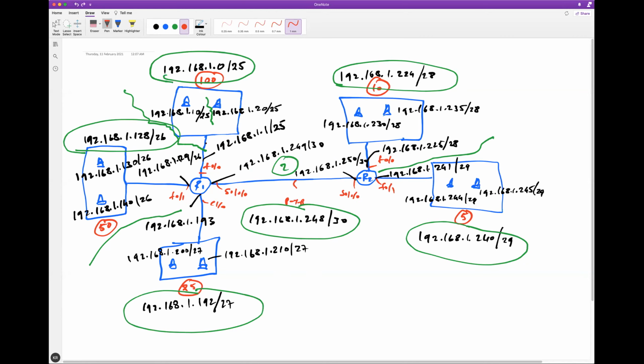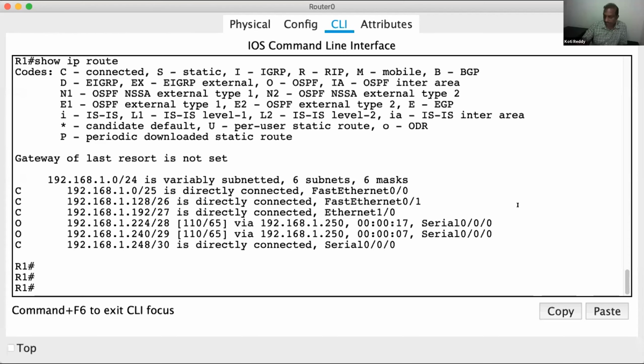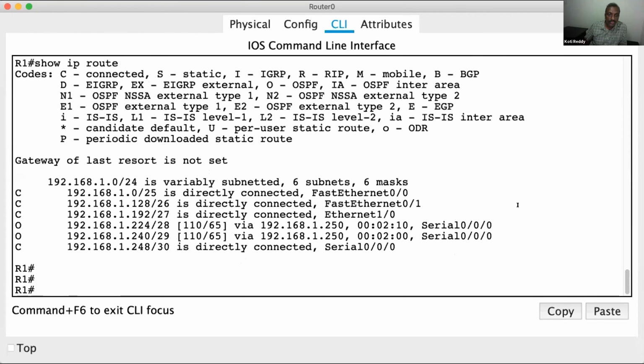So how many networks are there now? 1, 2, 3, 4, 5, 6, right? All 6 should be known to all the routers. Let us say all 6 are known to R1 and R2. So I go to R1 and show IP route: 1.0, 1.128, 1.192, 1.224, 1.240, 1.248, with prefixes /25, /26, /27, /28, /29, /30.